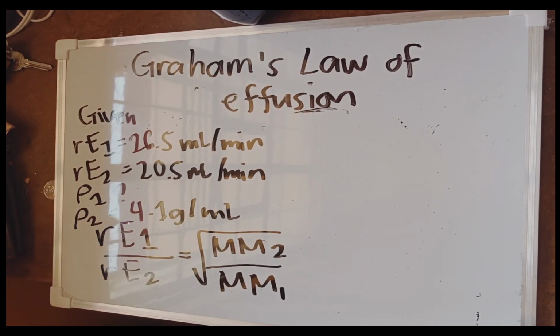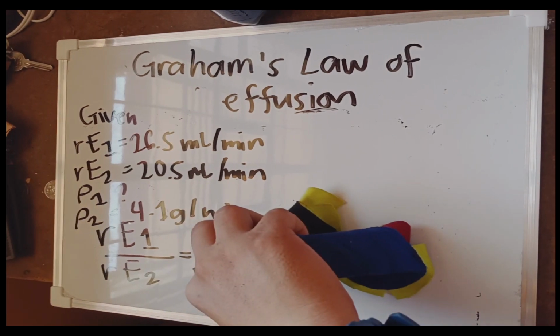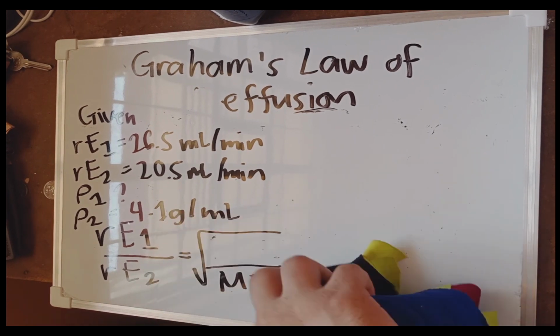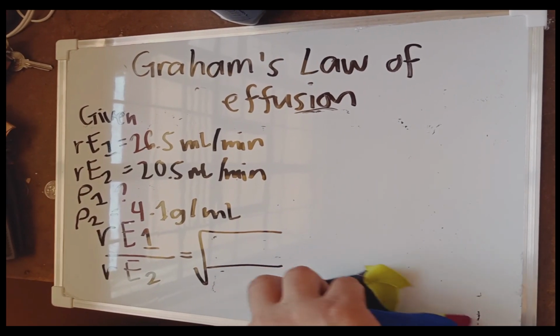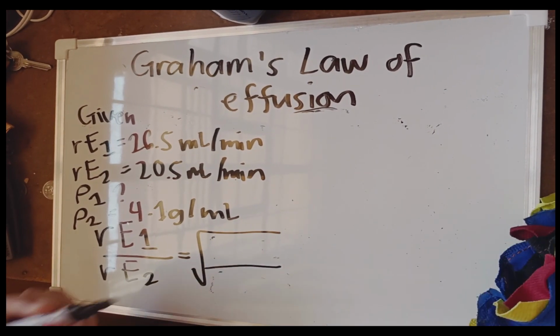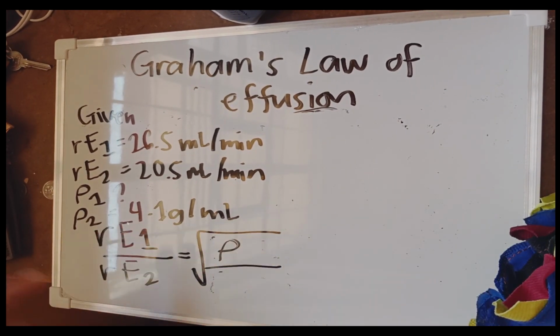Maybe I'll just change this into a density. This is the original formula. You need to derive from the formula if you're going to answer this. But here, density 2, since they are inversely proportional, density 1.